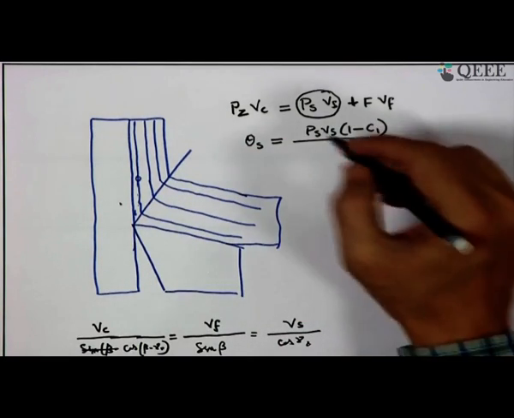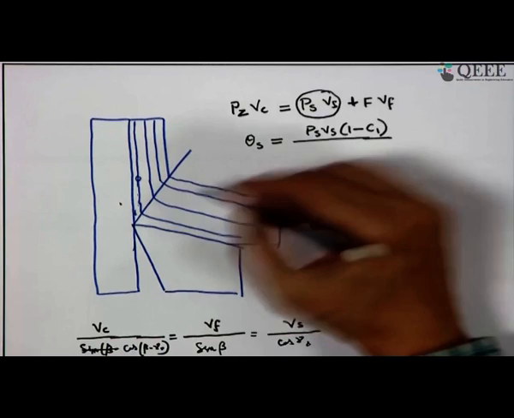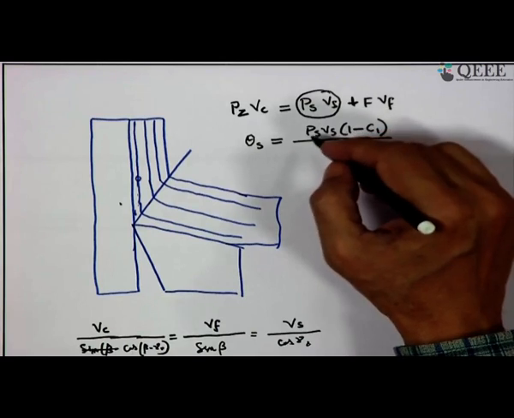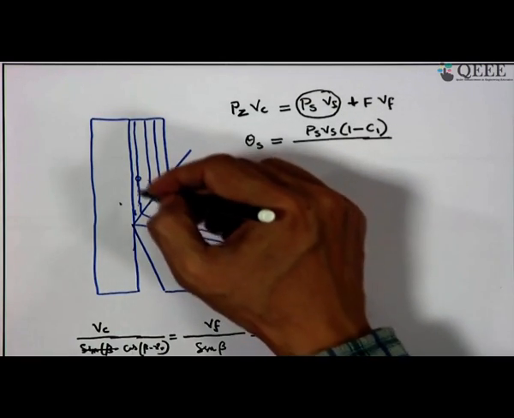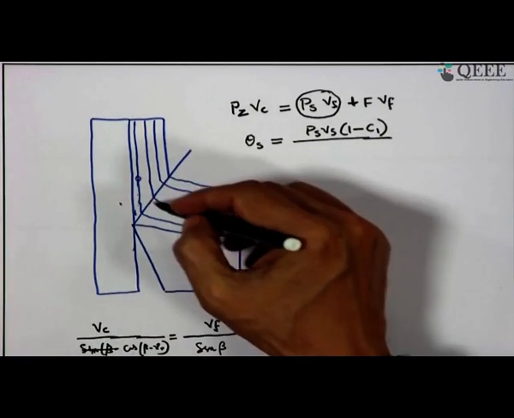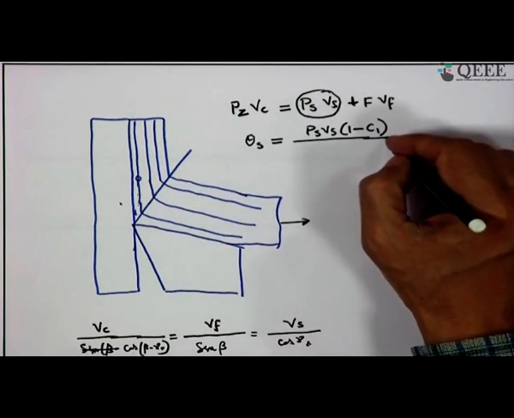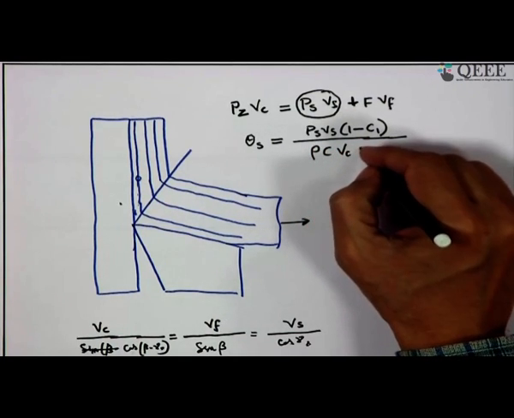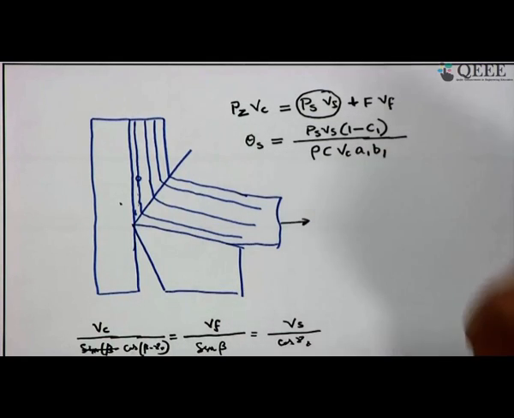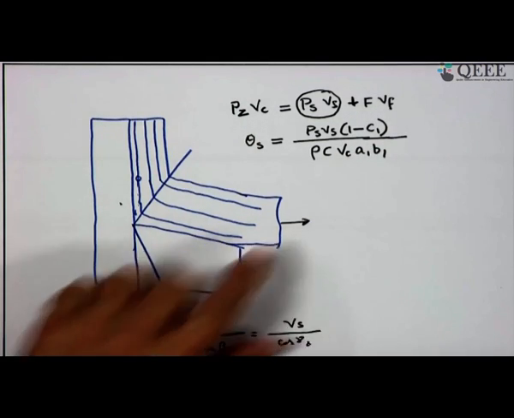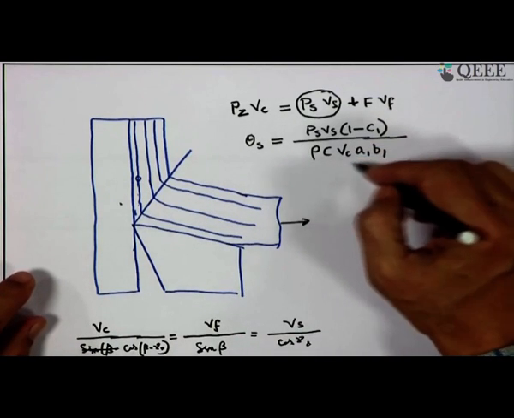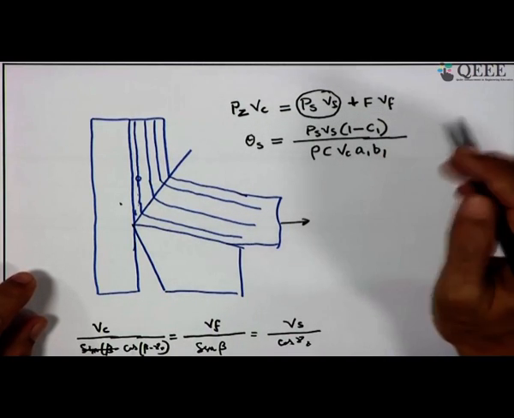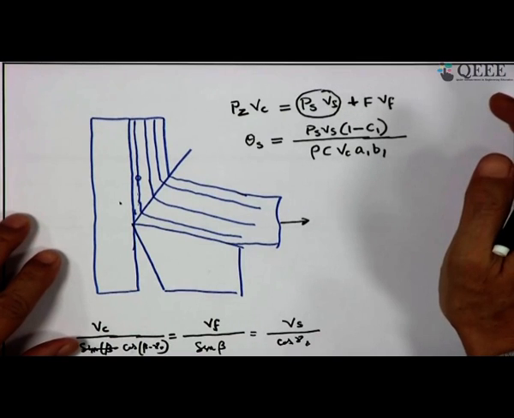That means, so to say, a part of it will flow back, and which is given by this fraction C1, and the 1 minus C1, that will be carried by the chip, it will be transported by the chip in this direction, and here it is rho c into Vc into A1 into B1, that is the basic equation. So, this is volume specific heat, material flow rate, and you can get theta s in this form. Now, here C1, value of C1 to be determined.